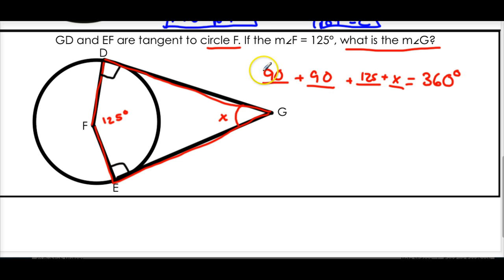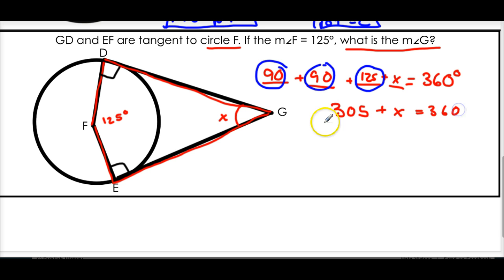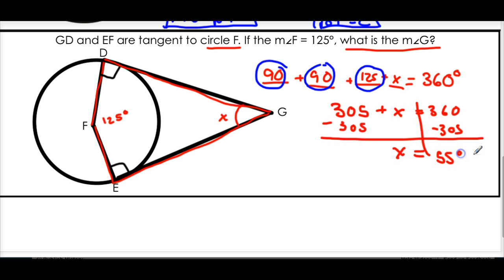Okay, let's combine our like terms on this side. We got 90, we got 90, we got 125, all like terms. We combine those together, and we got 180 plus 125, which is 305, plus x equals 360. We're going to subtract 305 from both sides, and we get x is equal to 55 degrees.